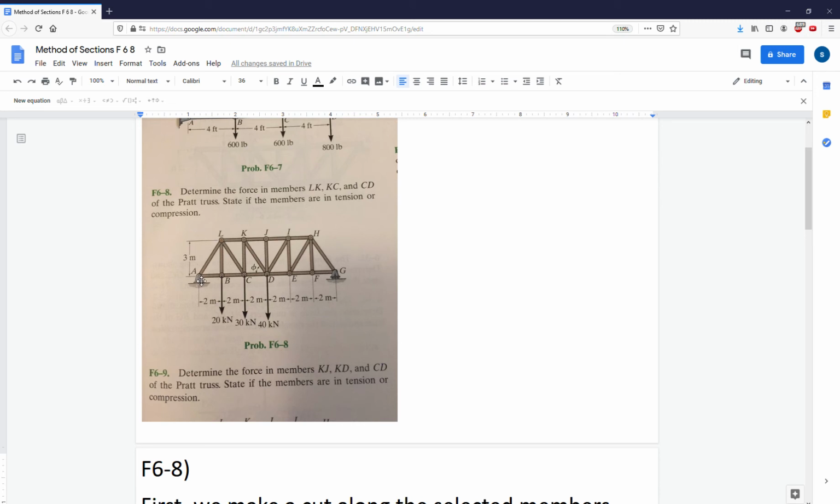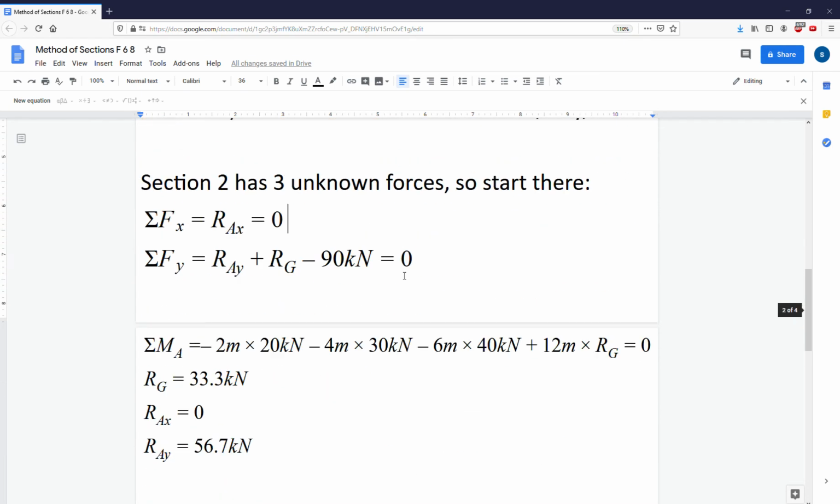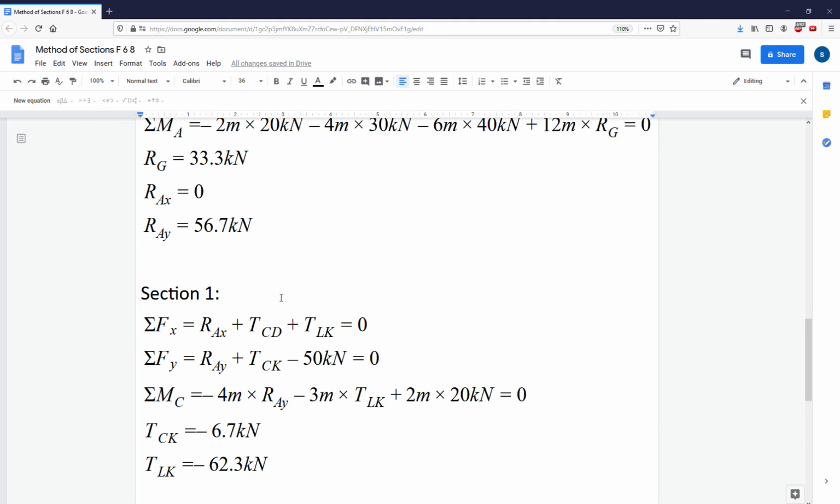So looking at this section, the triangle formed by ACL, forces in the x direction, remember we've cut along here, there is the reaction in the x direction at point A, which remember we found was 0, the tension in LK, and the tension in CD. So that gives us an equation RAX plus TCD plus TLK equals 0.